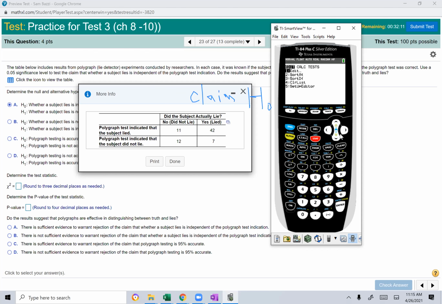You go to stat, tests. The last test that we haven't used today yet, it's chi-square test. So the independence test, guys, is chi-square test. That's the test that we will be using. Let me just write it down here.